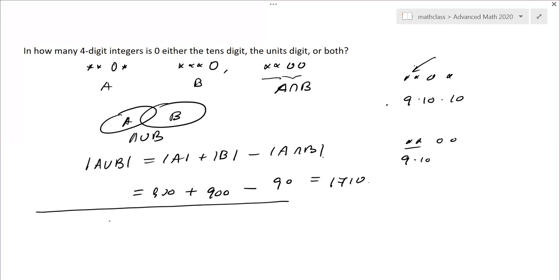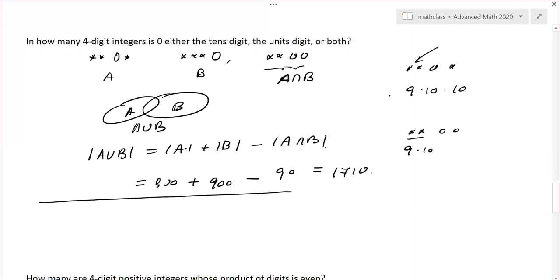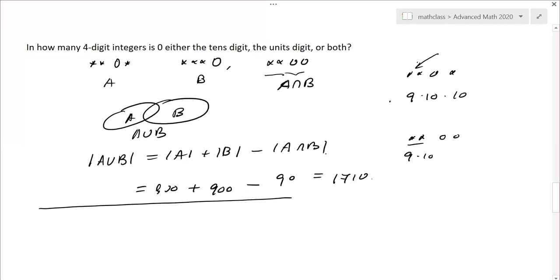How to do that? First of all, the number of all 4-digit integers is going to be 9 times 10 times 10 times 10, right?